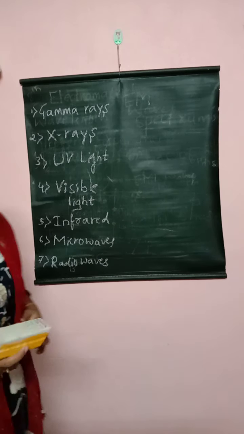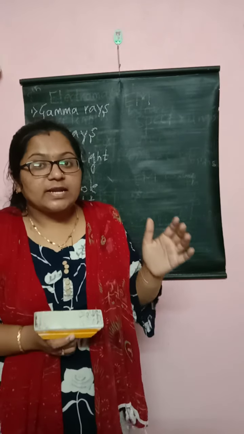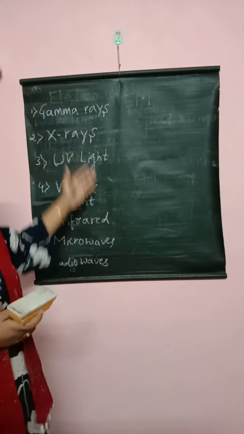Okay, so as I told you, the electromagnetic spectrum is the arrangement of electromagnetic waves in a proper order.